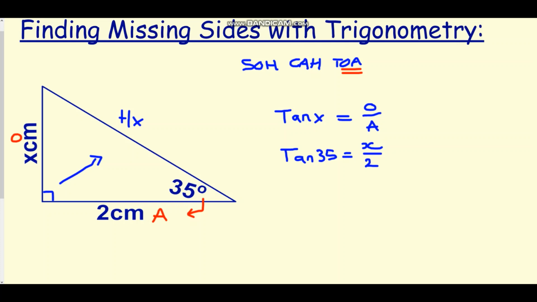To sort out this equation, I need to multiply both sides of my equation by 2. That helps me get rid of the fraction on the right-hand side and just gives me 2 lots of whatever is on the left-hand side of the equation. So I've got 2 lots of tan 35, which is just a number, is equal to x.